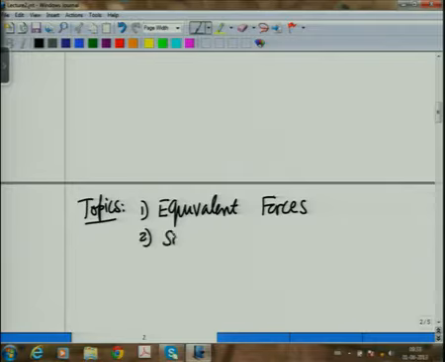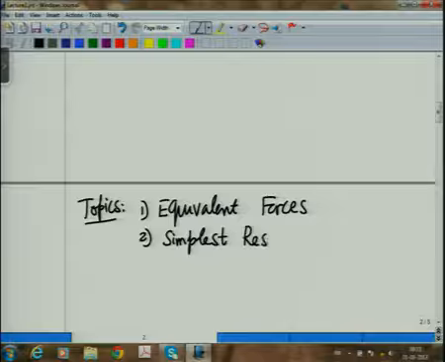Then from here, we will move on to the concept of simplest resultant.